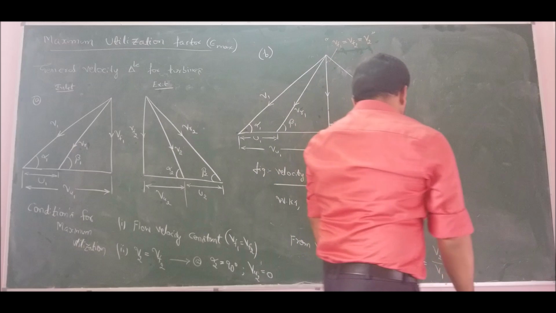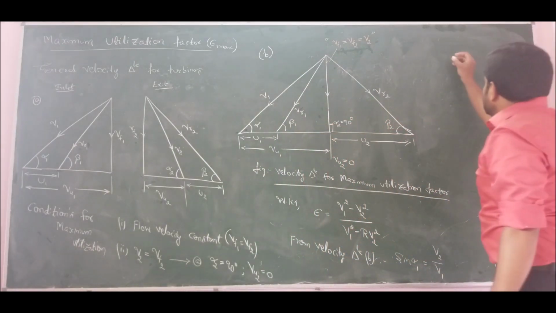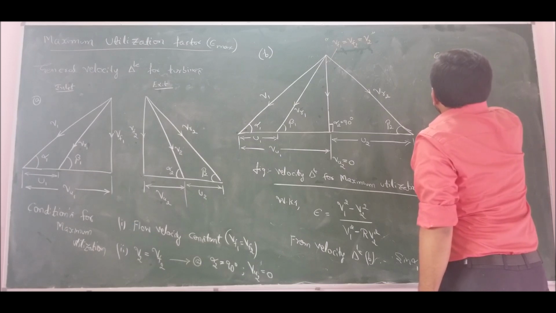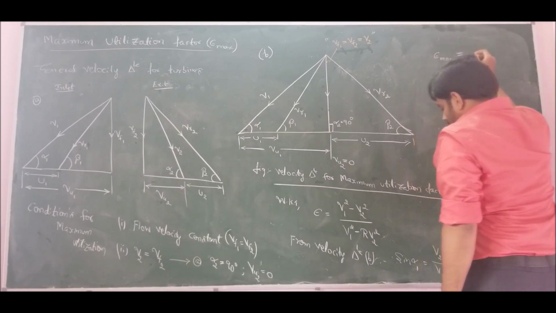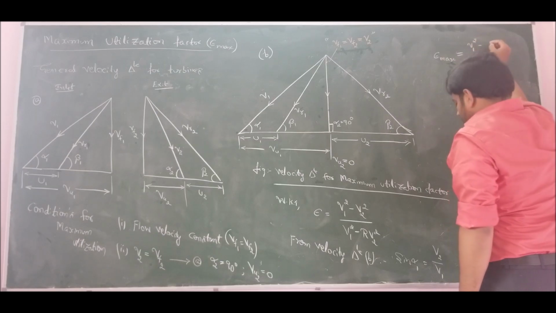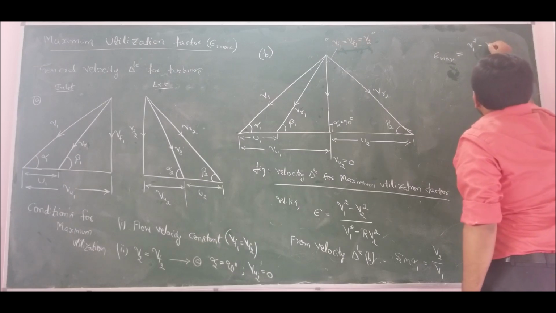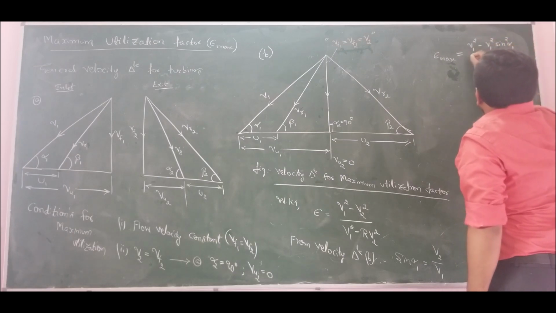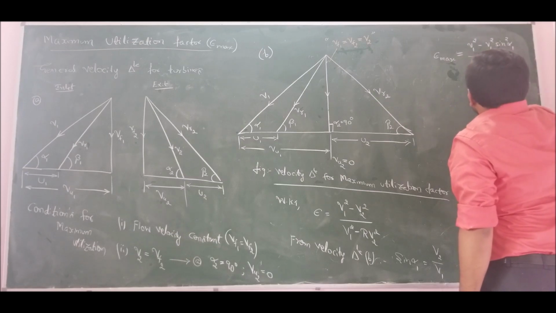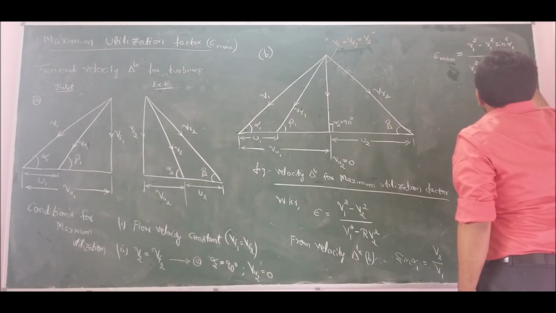So if I substitute this in the expression for utilization factor, the equation for maximum utilization will become epsilon max is equal to V1 square minus V1 square sin square alpha 1 divided by V1 square minus R V1 square sin square alpha 1.